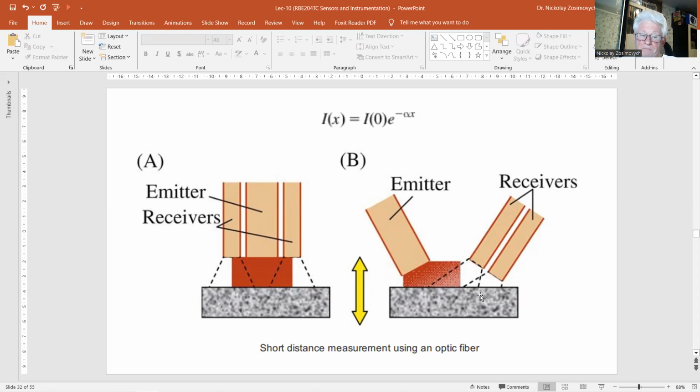According to Lambert-Beer's law, let's look at this equation on the top, where I naught is the intensity at a point where we have x equals 0, I of x is the intensity at the position x, and alpha is the absorption coefficient of the medium.